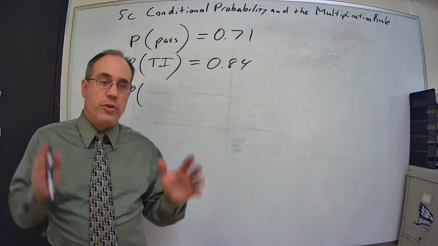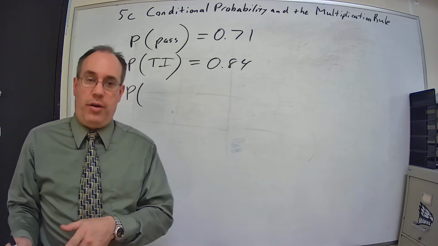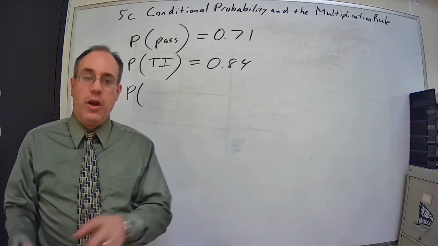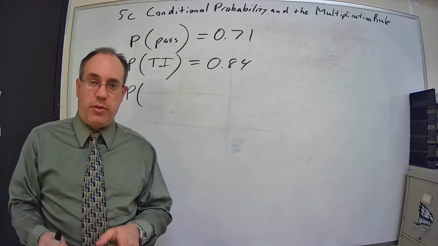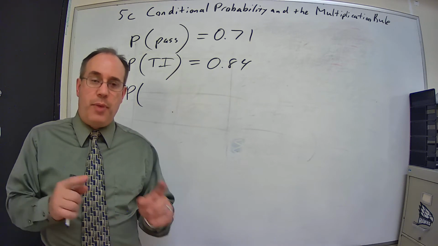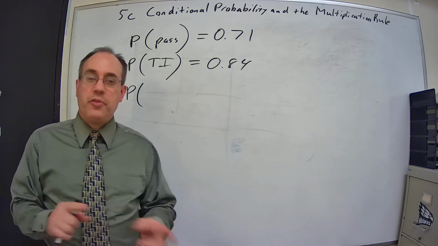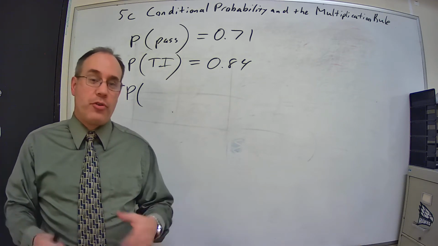Now remember, don't confuse and or. Passes and has a TI calculator. Both of those things have to occur. Passes or has a TI calculator, one or the other occurs and we're happy. If they both occur, we're still happy.